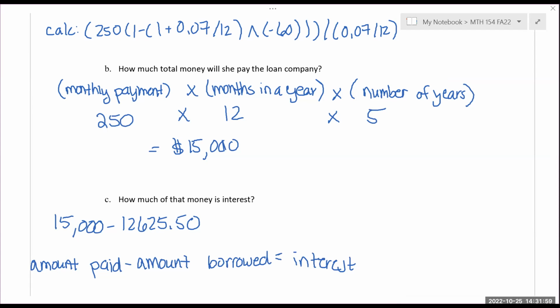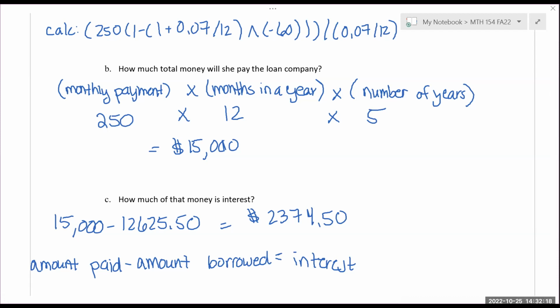So in other words, the total minus the loan amount, make sure that you do it so it's not negative. And that will end up being $2,324.50. All right, so that is example 1.